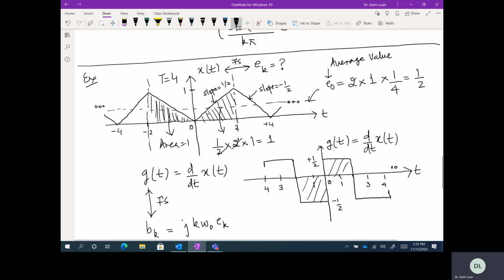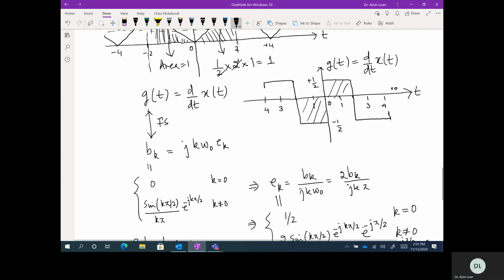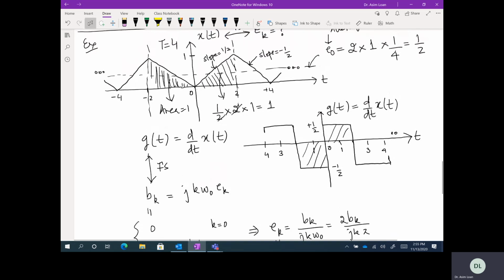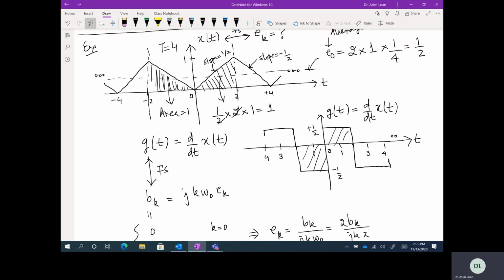This is what I told you before. You have this function which is much smoother than the square pulse, but when you differentiate this one, you get this one. So from lecture 2, your coefficients decay relative to the derivative, which is discontinuous.